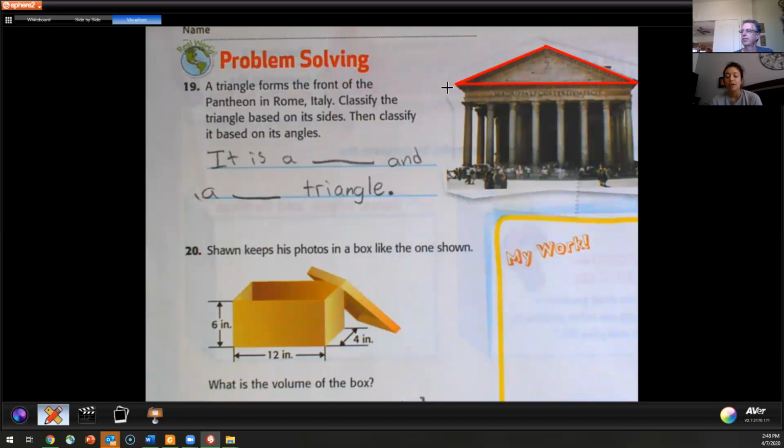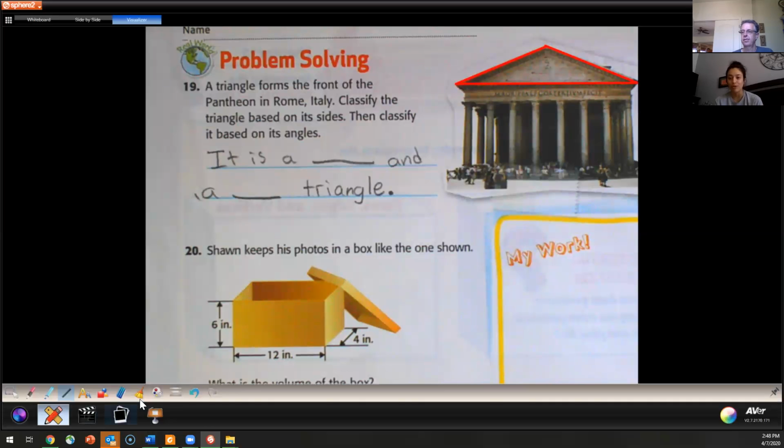And your answer sentence should look very similar to what Mr. Yates has. It is a blank, and that is for the part looking at its sides, and a blank triangle, and that's when you're looking at its angles. So just make sure that you're paying attention to those keywords in that one because it could get a little tricky. So make sure that you're reading all of the words.